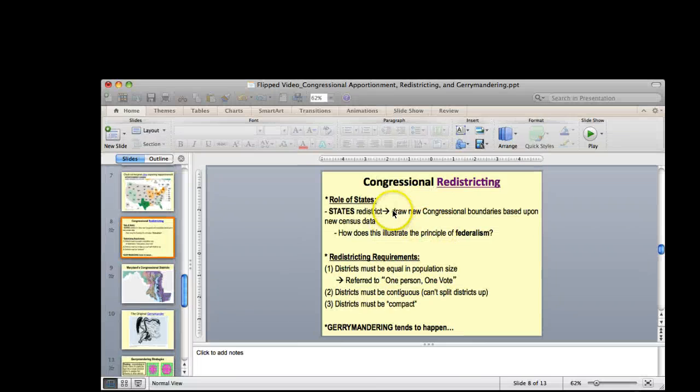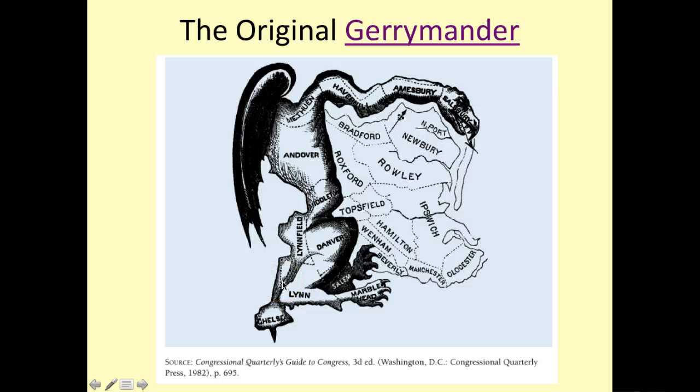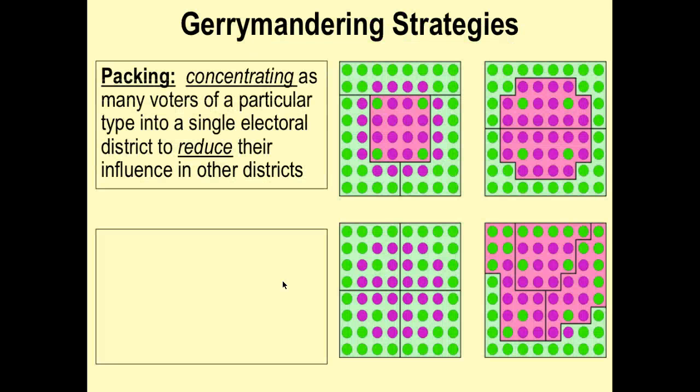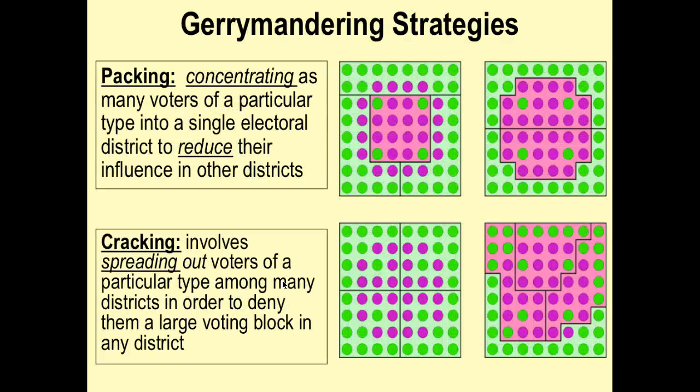All right, and so that video touches upon many of the things we were looking at in terms of gerrymandering. And as the video talked about, the two main strategies, packing and cracking, it really just depends upon what the goals of the political party at the state are. Packing, putting in as many voters of a single voting block into a district in order to reduce how much of an effect they can have in other places.